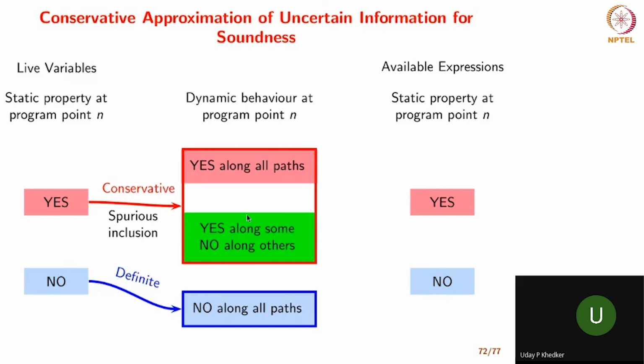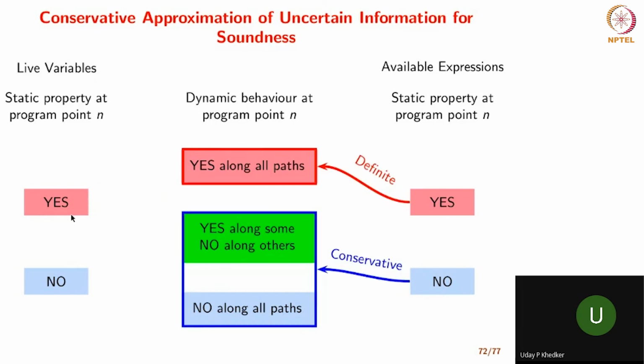So this is how uncertain information has been modeled. Uncertain information has been conservatively approximated as yes in live variables analysis. In case of available expressions analysis, exactly the opposite happens. It's a property of every path, and therefore we will say yes only when it is yes along every path.